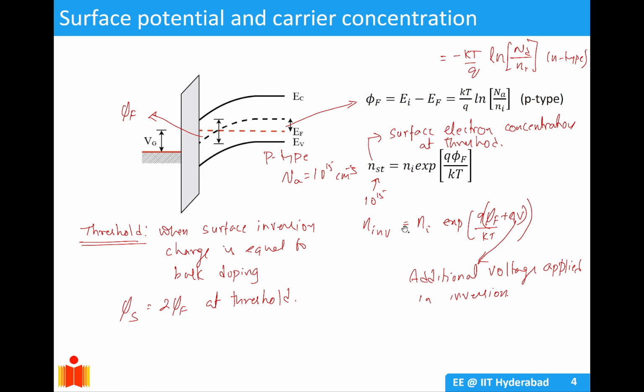And if you add an additional voltage in inversion beyond the threshold, it becomes n inversion equal to Na exponential q phi f plus delta V by kT.